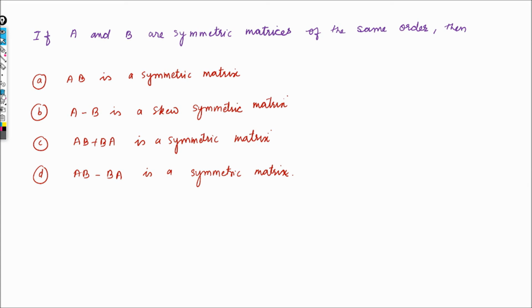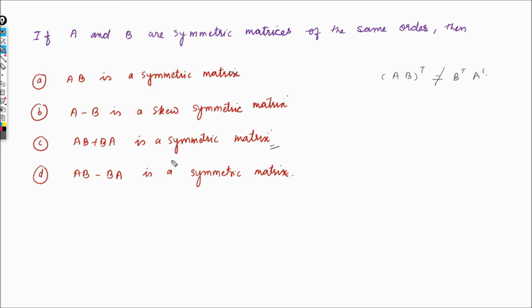A and B are symmetric matrices of the same order. Then, for example, this is AB; if we take its transpose, it may or may not be equal here. This is not our answer.